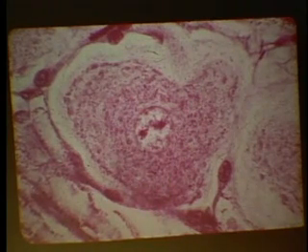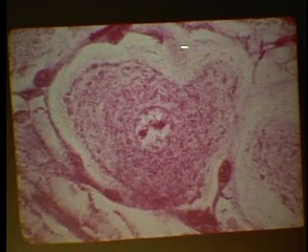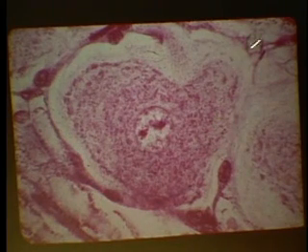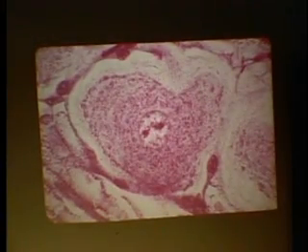So my question is, is this a soma, which is part of a fiber that has been cut close to the soma? No. How do you know this is a healthy nerve cell body? Pardon?